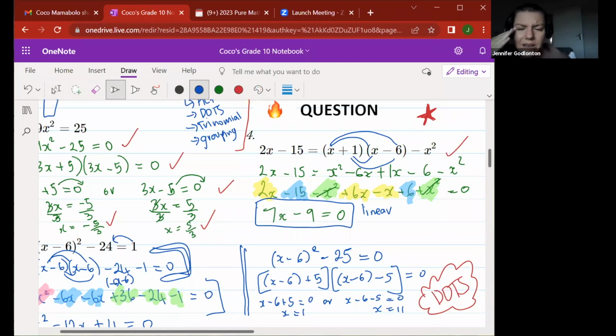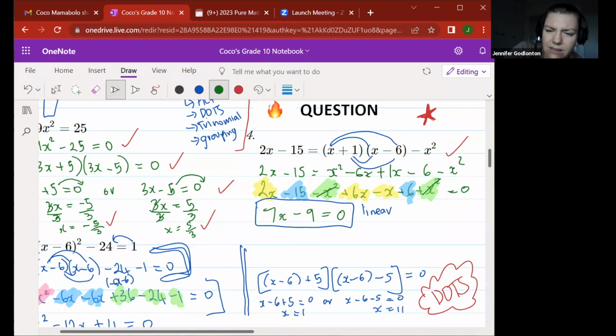If we're in a stressed situation in a test, we'd think our answers must be a 7 and a 9. But it's actually just a normal linear equation from this point. So we're just going to have one answer for x. Sorry, guys, I'm going to have to erase this part over here, otherwise I'm going to run out of space. We're going to say 7x is equal to 9, which means x is equal to 9 over 7. That's all.